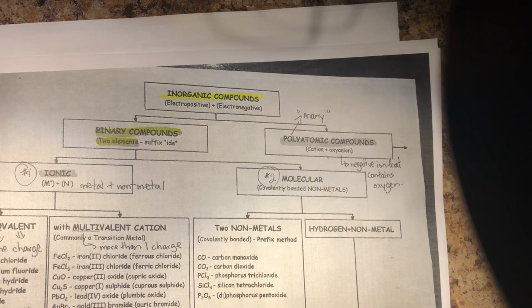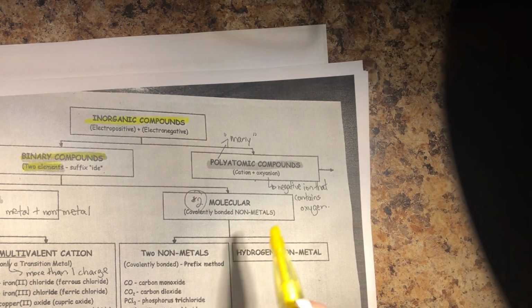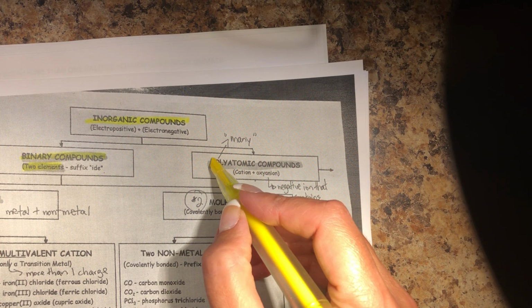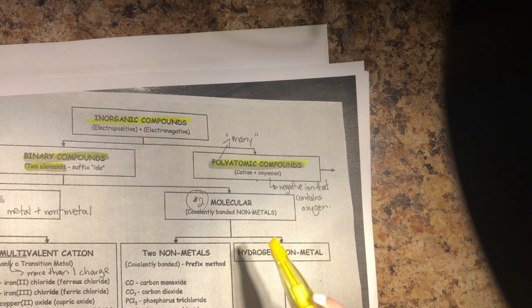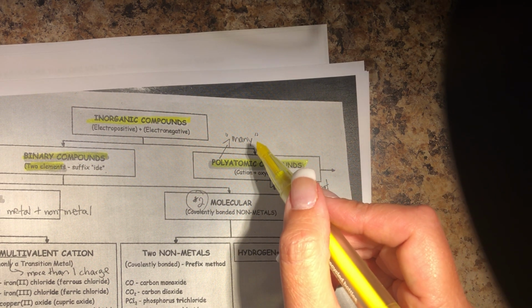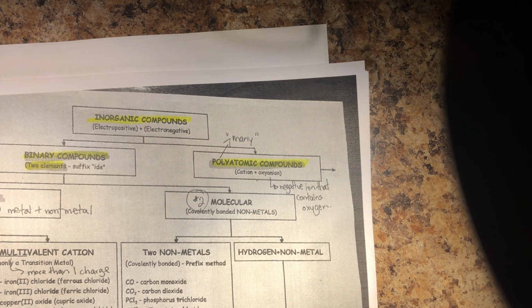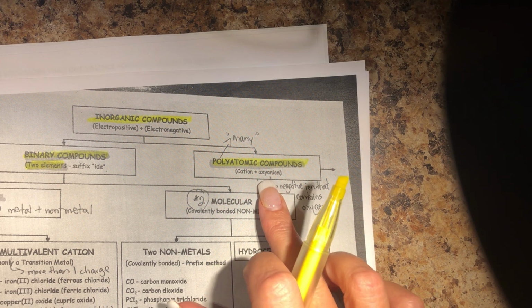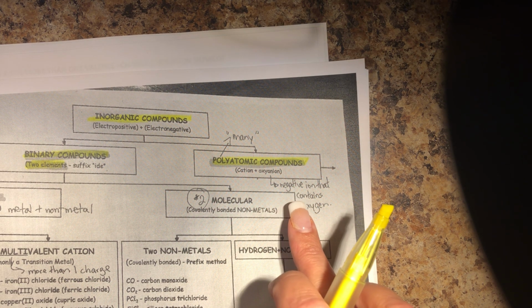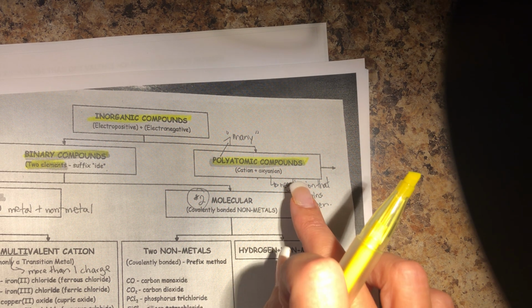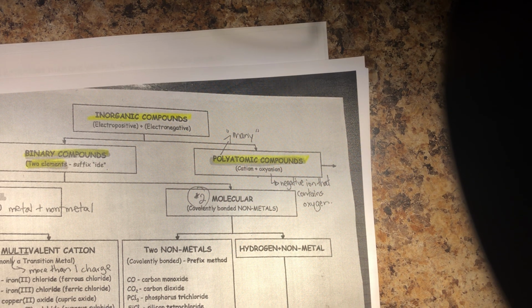The other type we're going to look at are polyatomic compounds, and the poly means many, and so there are many types of atoms that make up these compounds, and there is a negative ion that contains oxygen in part of it. So that's part of the polyatomic compound.